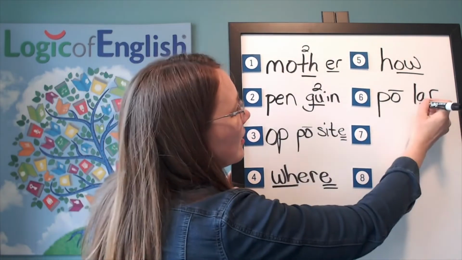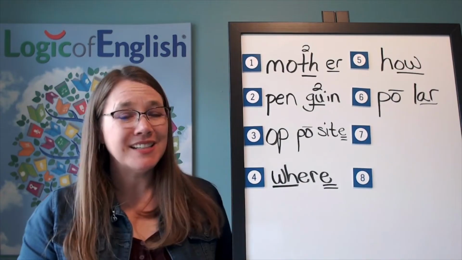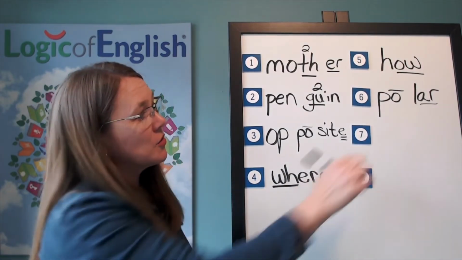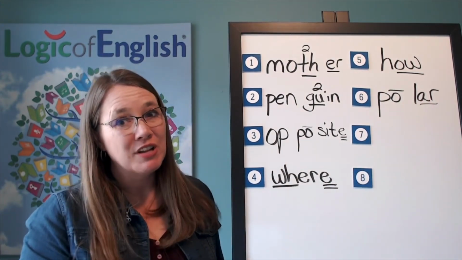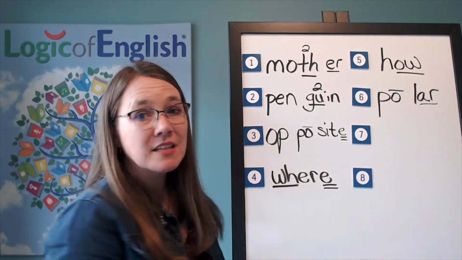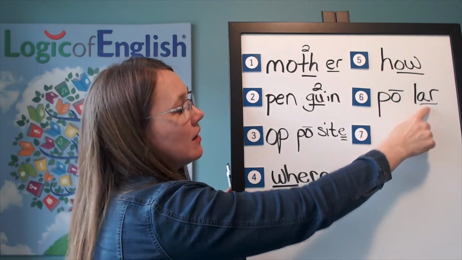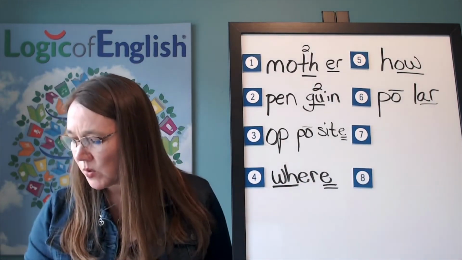And we'll underline the R. Now, did you notice when you say polar, it doesn't sound like polar? Well, R, this phonogram, also has a schwa sound. So when it's in an unstressed syllable, that may say the schwa sound. Let's read it. P-o-l-r, polar. Very good.